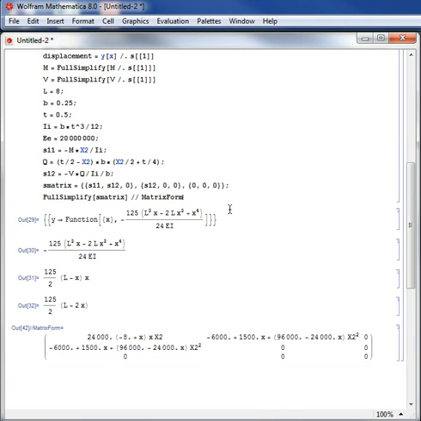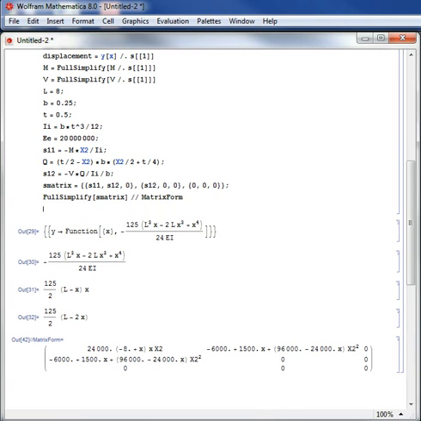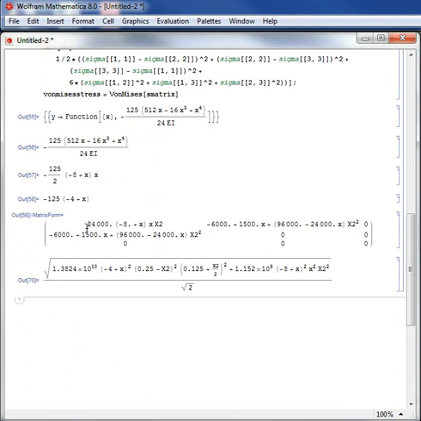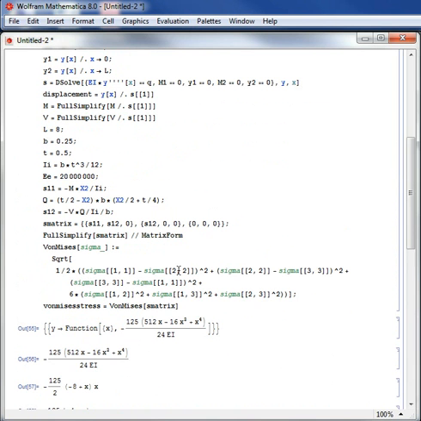I'm going to utilize the von Mises function that I created in the previous chapters. This is the von Mises function that I created, and this is the von Mises function for the stress matrix. Here is the von Mises function of x1, which is small x, and capital X2.